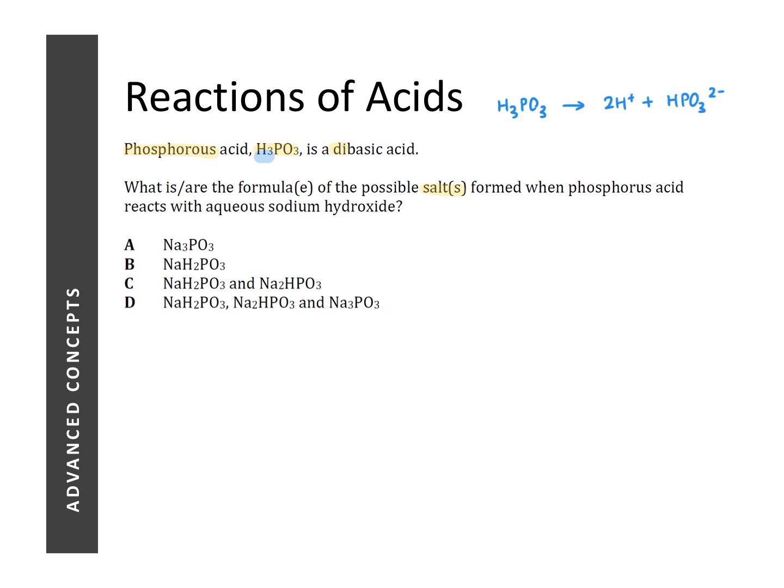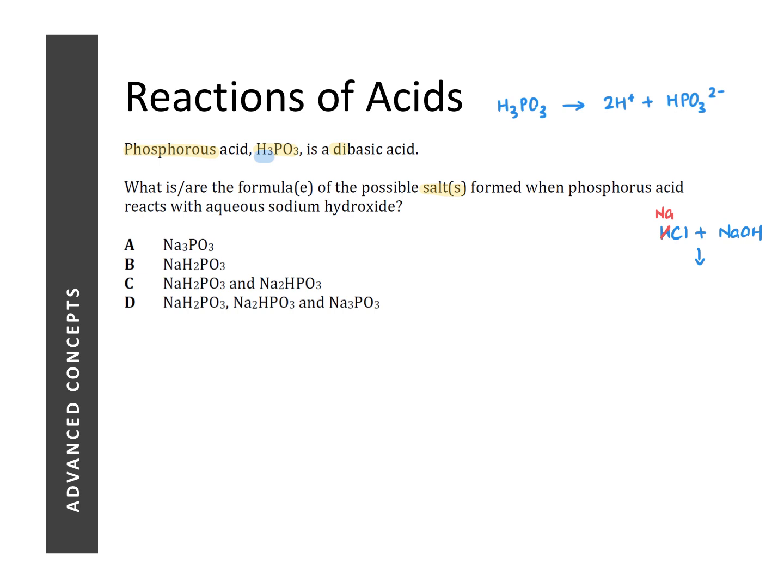So for example, if we are looking at the reaction of hydrochloric acid with sodium hydroxide, the salt formed can be obtained by simply replacing the hydrogen ion with the metal ion in the other reactant, which is your alkali. So the salt formed would be sodium chloride.